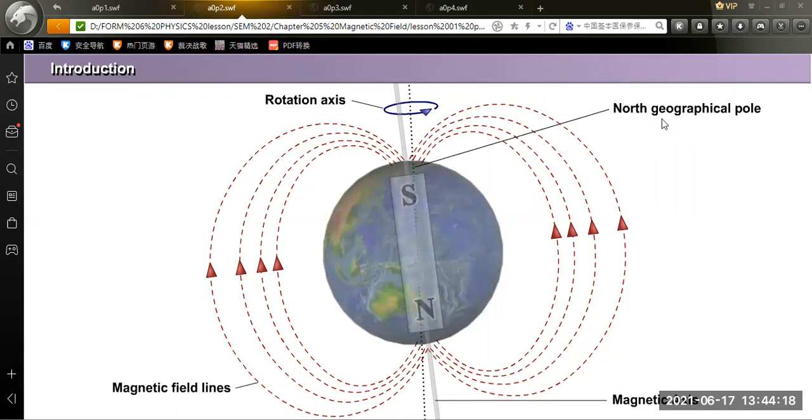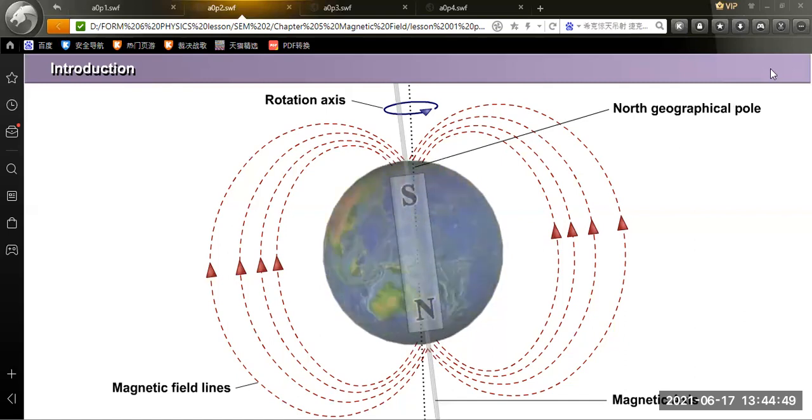The North Pole of the Earth is actually like the South Pole of a magnet. The South Pole of the Earth is the North Pole of the magnet.